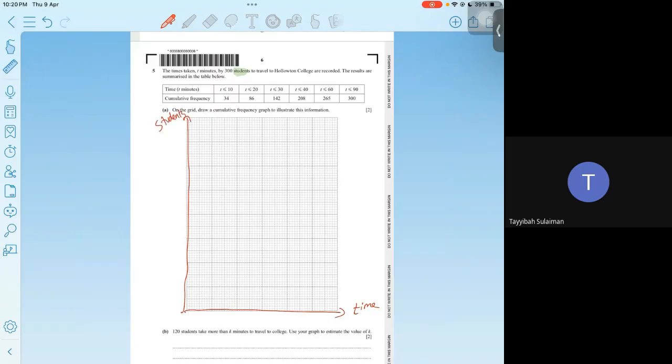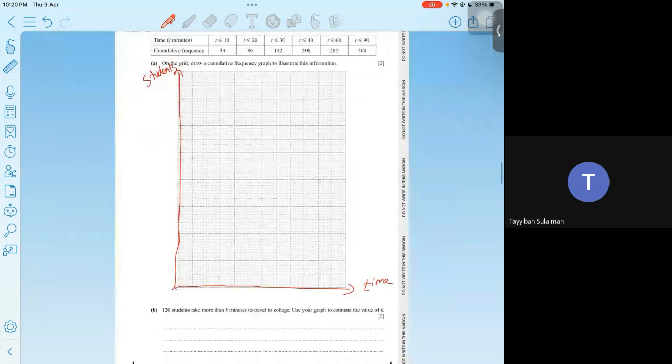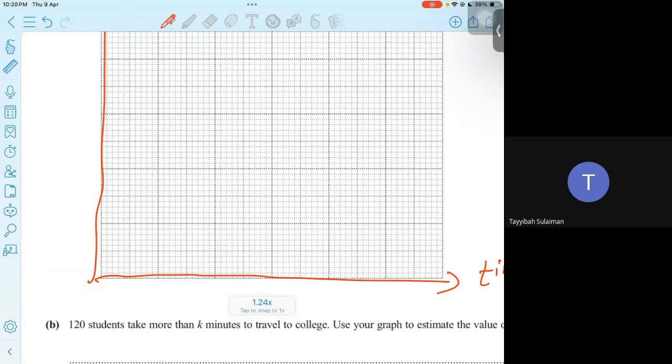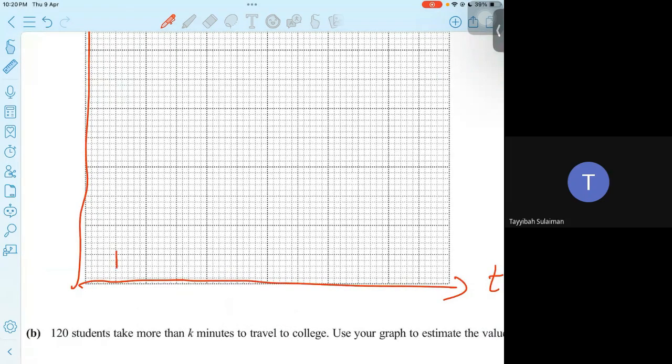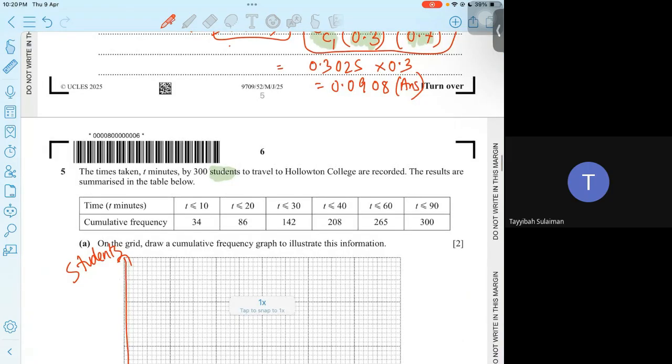And if you plot all of these, the hardest part in this is just to choose what intervals to take. So the way we decide that is saying to yourself, you have 1 box, 2, 3, 4, 5, 6, 7, 8, 9, 10, 11, 12. So you could easily fit from 0 to 90 here, right?